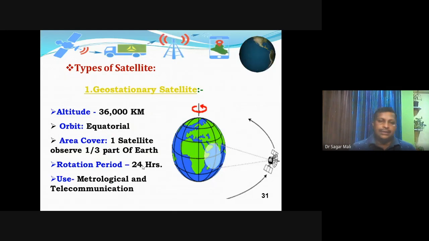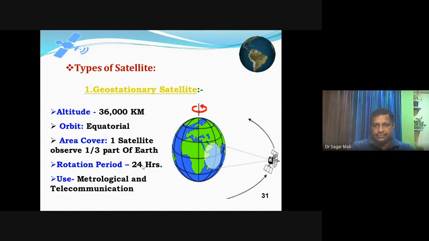Now come to the satellite. A satellite is a platform in space, right? But based on their applications, their altitude, and their work, satellites can be divided into three types. First is the geostationary satellite.